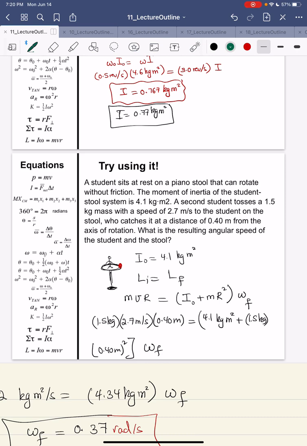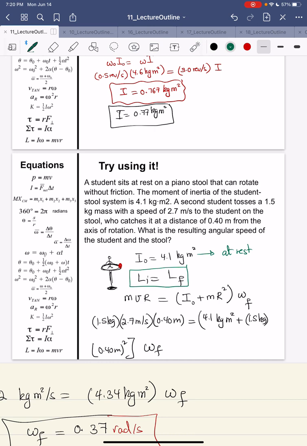Now, initially, I have them at rest. Then I will say L initial equals L final. For the mass that was tossed by the second student, L initial equals mvr.